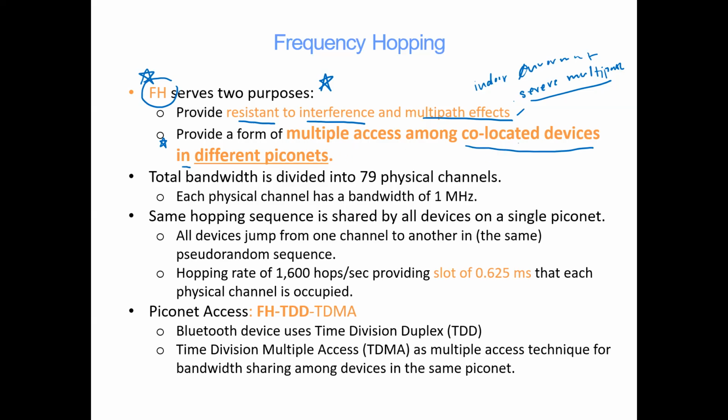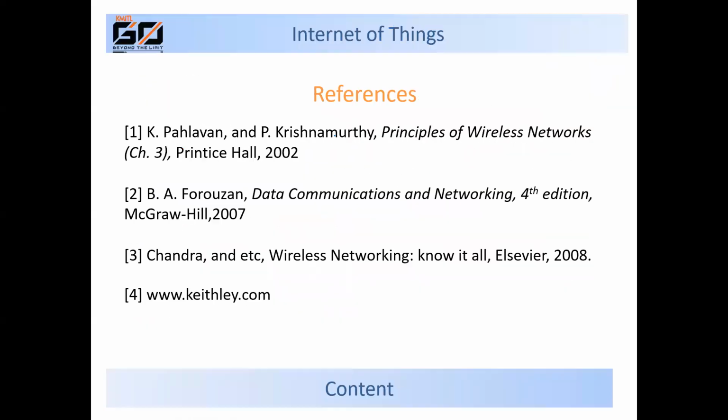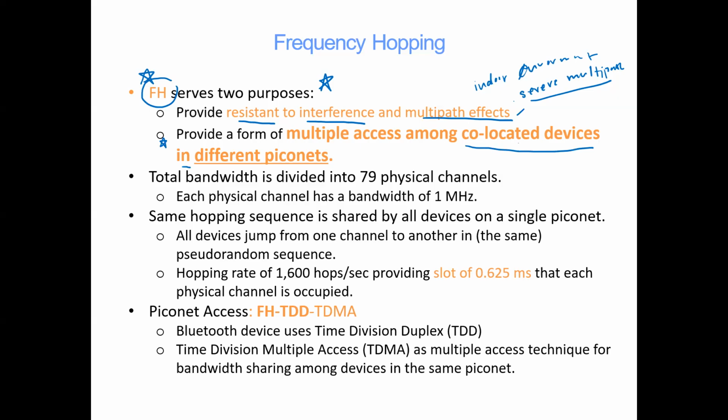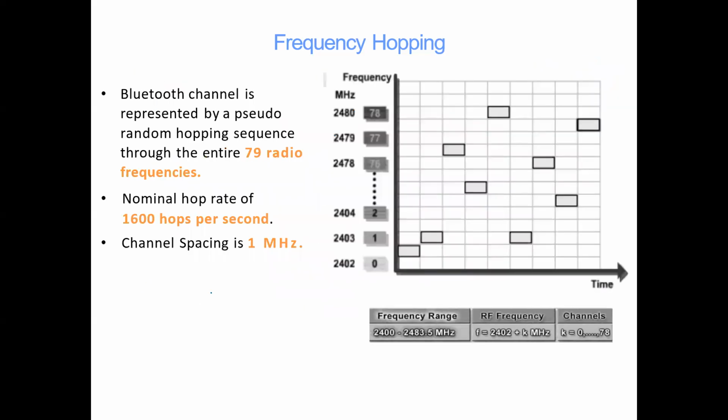Frequency hopping is used to distinguish the piconet, because of what Bluetooth does. I didn't show the piconet, so I can draw it here. You remember a piconet has one master and a maximum of 7 slaves.